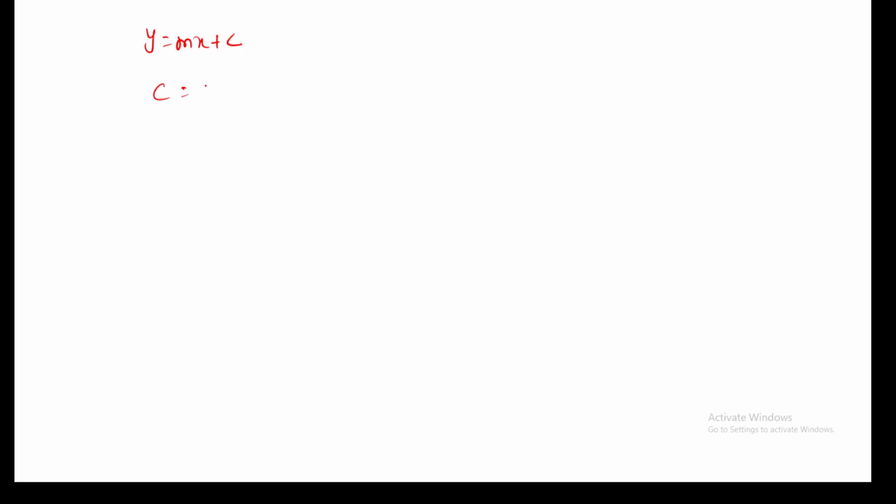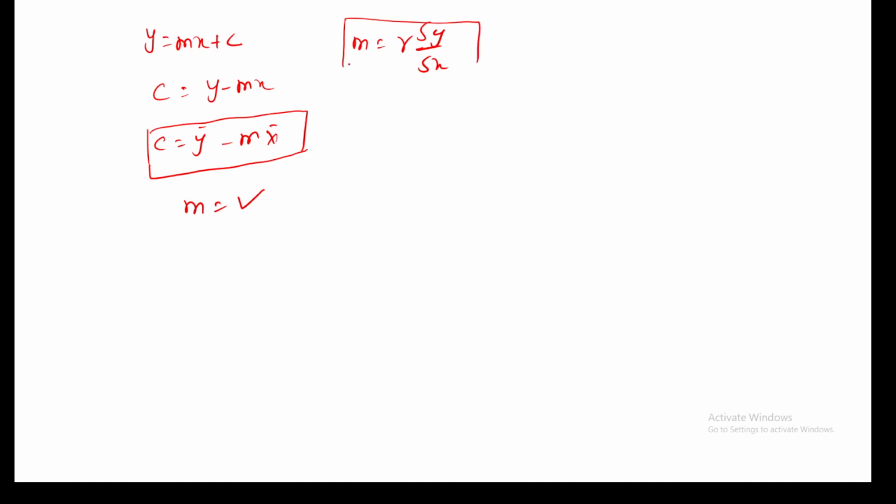To get c, c is equal to y bar minus m x bar. For that we use the slope formula that we already have, m is equal to r sy by sx, the formula that I wrote earlier. So this is the intercept formula, this one is the slope formula, and then r square for determination.